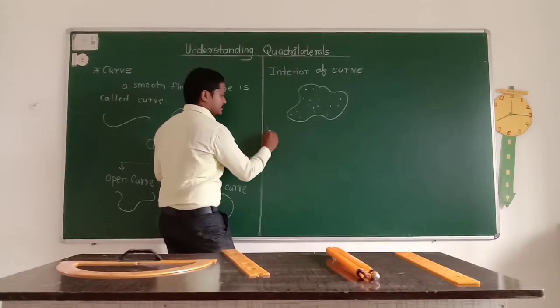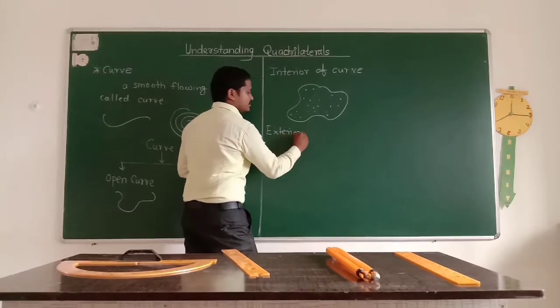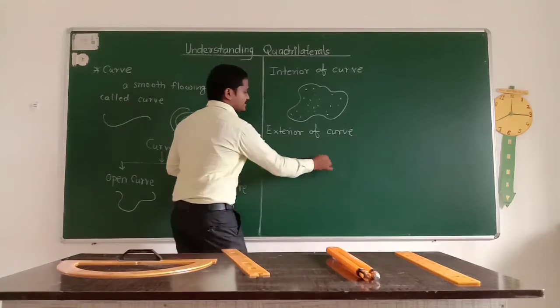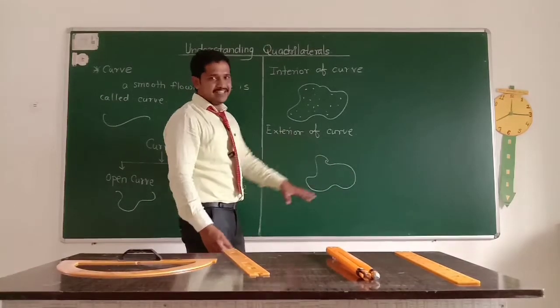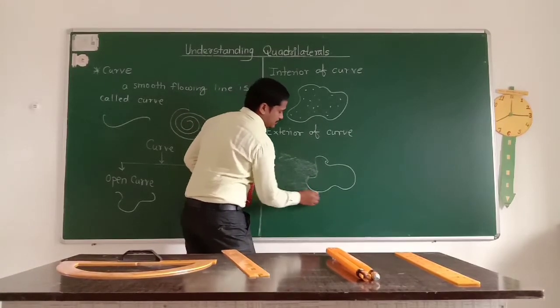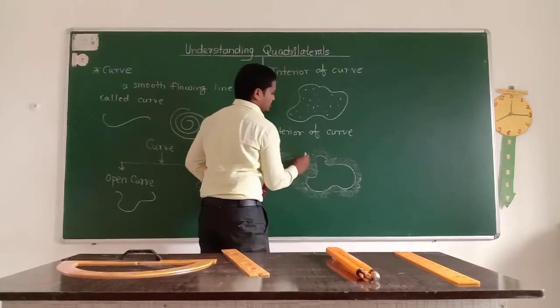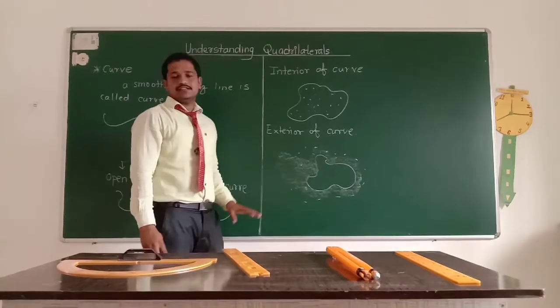And the next concept that we have to see is the exterior of the curve. Let us take the same example of curve, and the set of points or the area which lies outside of the closed area of the given curve is known as the exterior of the curve.